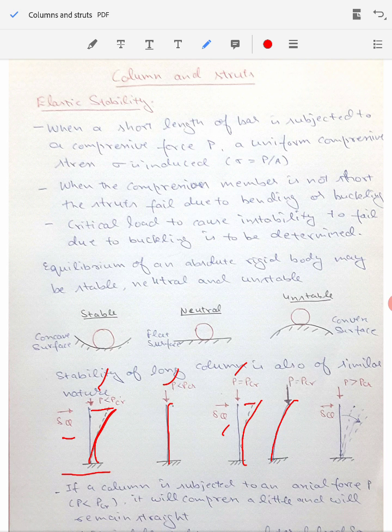So the critical load is that value of the axial load at which the column retains its newly acquired equilibrium position and doesn't come back to its previous equilibrium position after the removal of the disturbing force. That's why this is called a neutral equilibrium or neutral condition of the column.